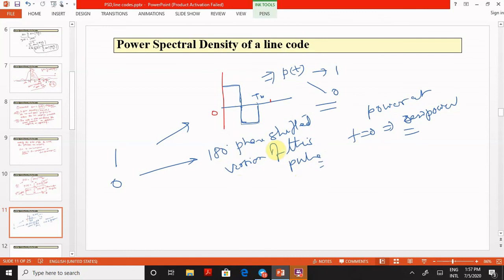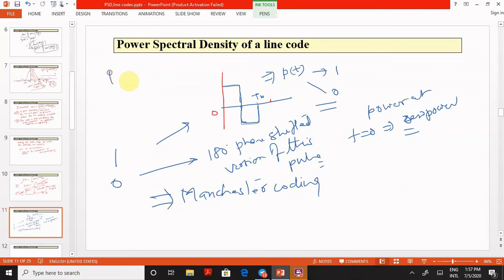And if we are using such kind of pulses to represent 1 and 0, then this can be named as a popular Manchester coding. Manchester coding. Mind it, the pulse shape should be like this.